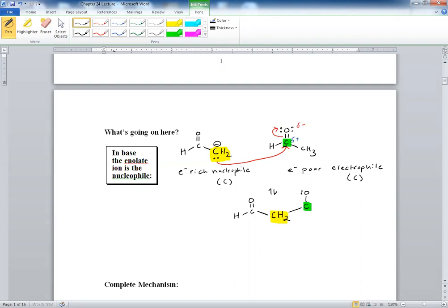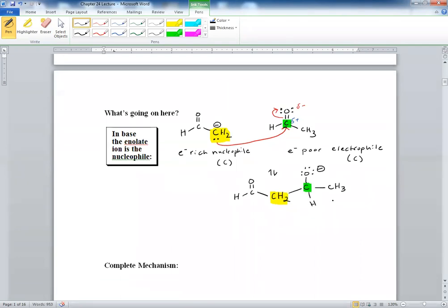So of course, this double bond was broken. Oxygen became negatively charged. We have a CH3. And of course, we have an H. So really make sure you absorb this and understand it.